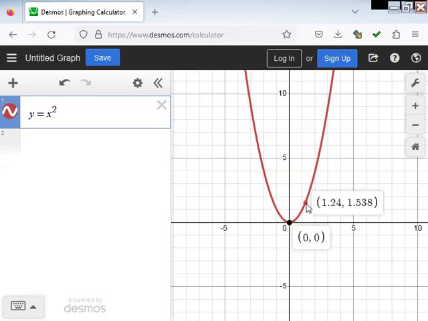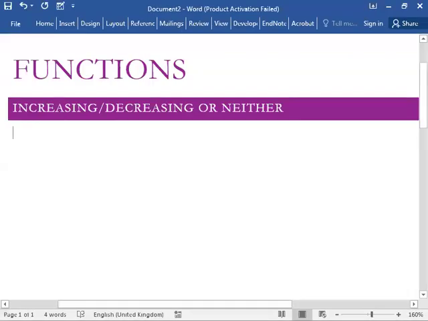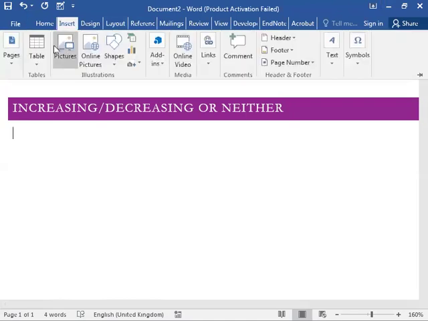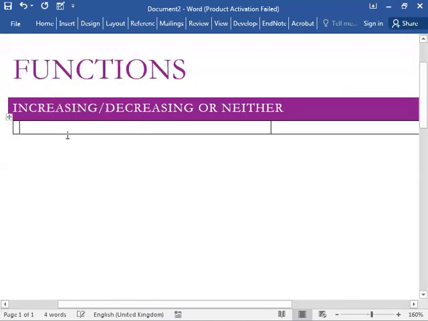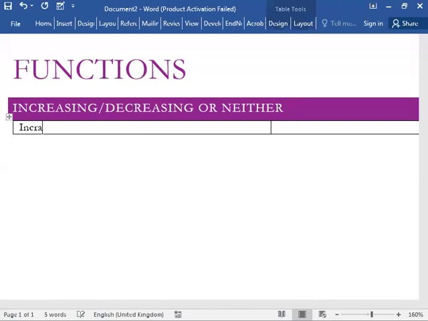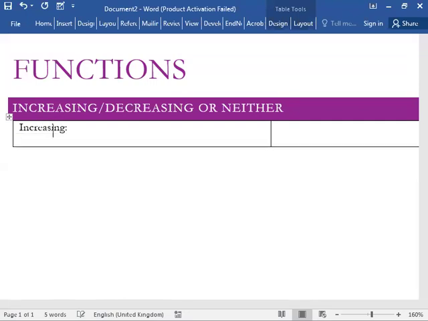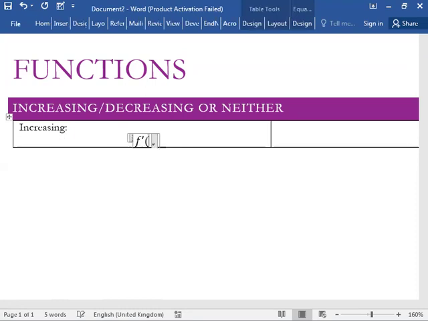So we have to decide, and we do this through the gradient. How do we find the gradient of a function? The derivative of x, the gradient, right?